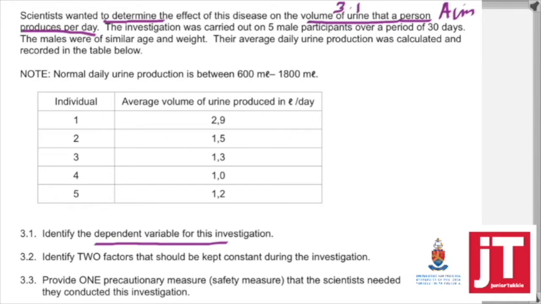Identify 2 factors that should be kept constant during the investigation. Again, you see the word constant, so you must always have the word same in your answer. Here they only want 2. If you recall, I taught you in the beginning, if you have the same method to measure the urine and the same person to measure the urine, those 2 should guarantee your marks in every experiment and in every fixed variable that you ask.